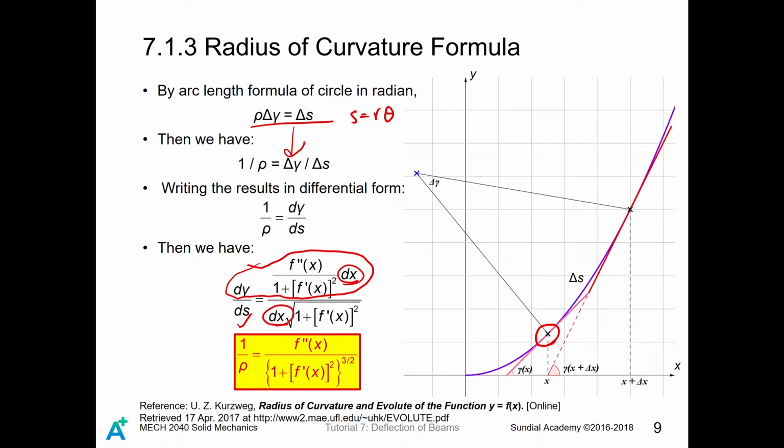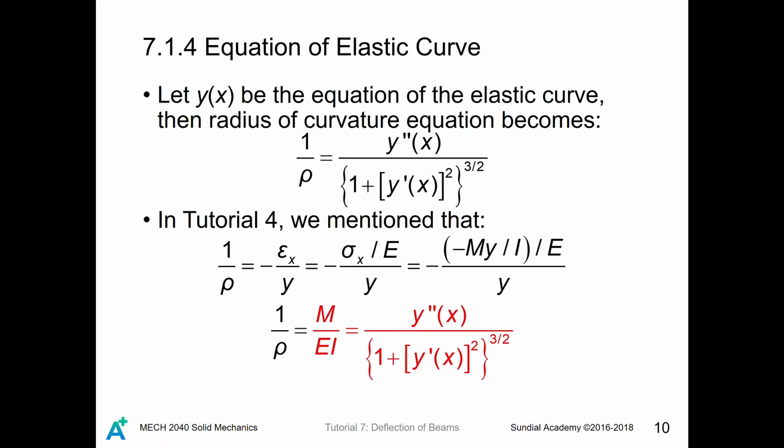So eventually you will get the very important radius of curvature formula in terms of first and the second derivative of a function, which is given by 1 divided by the radius of curvature equals the second derivative of a curve divided by 1 plus the first derivative of a function to the power 2 and the whole bunch of things to the power 1.5. Although we obtain this equation, it is complicated. Later on, we will try to simplify it.